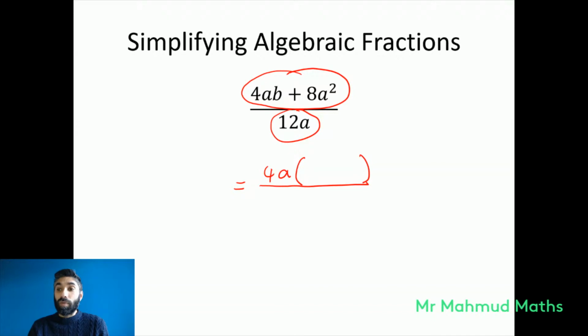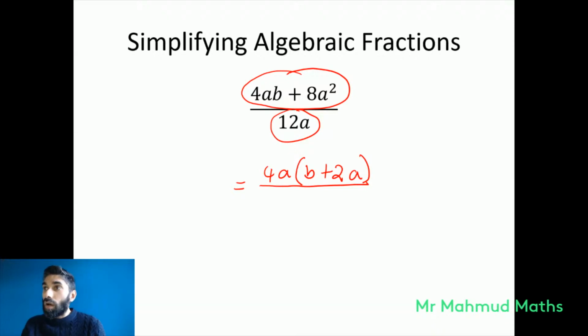I need to multiply it by b. Plus 8a squared. What do I need to multiply 4a by to get to 8a squared? If you multiply 4 by 2, that will give you 8. And a by a gives us a squared. Check your answer by multiplying it out.